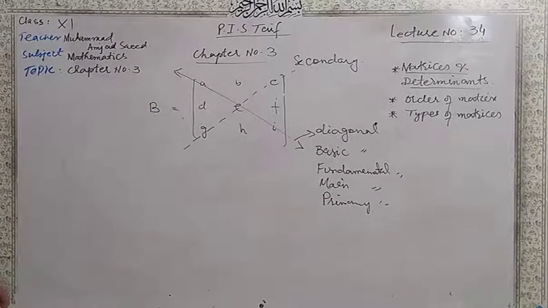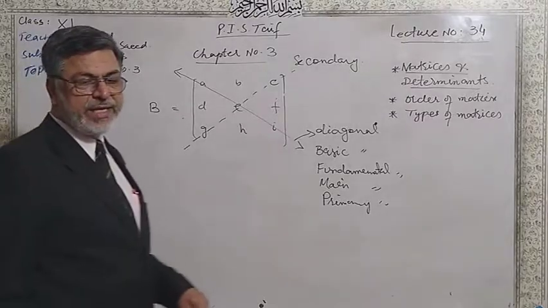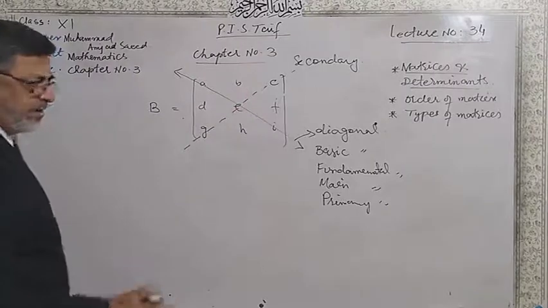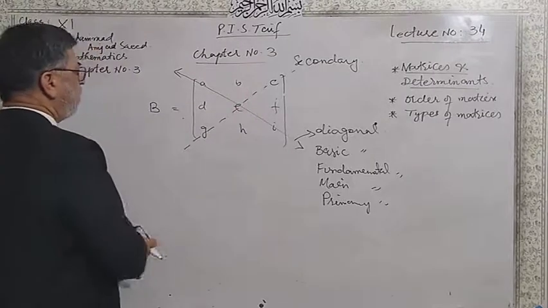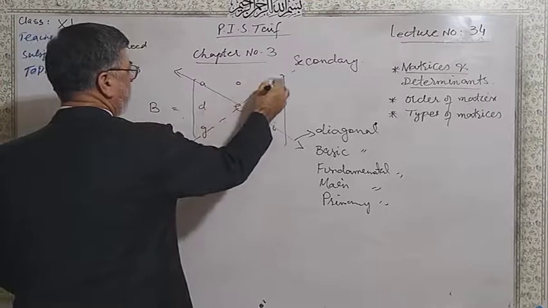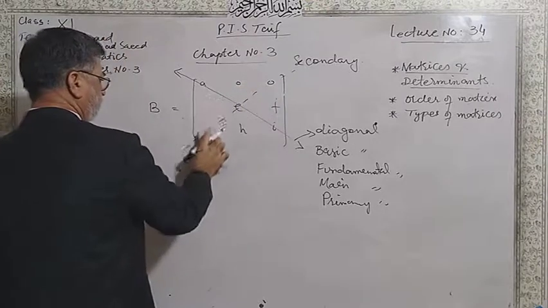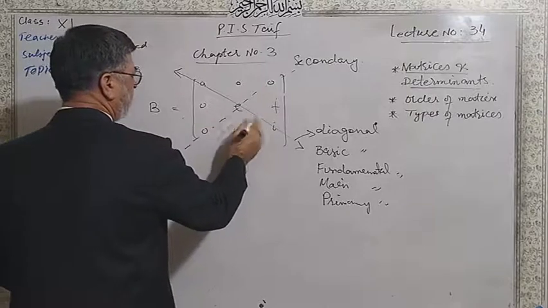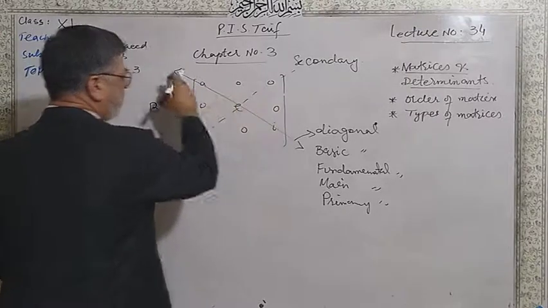So if we say that we have a diagonal matrix, then members of the diagonal are non-zeros.